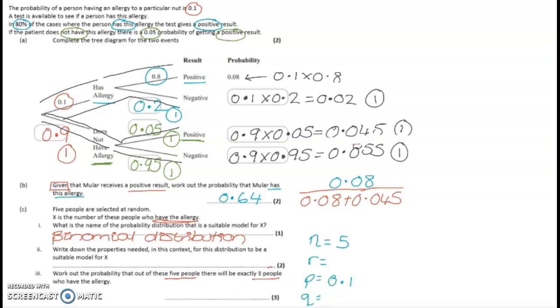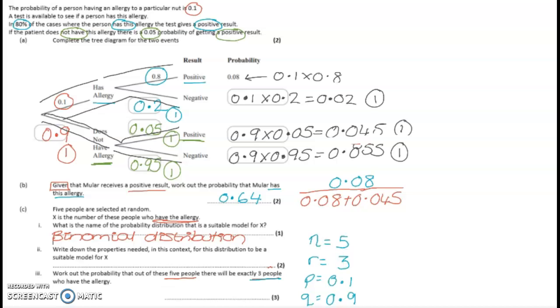I can also therefore quickly identify that Q is 0.9. R is the number in question and we are being asked for exactly 3 people. So for this question, R is 3.